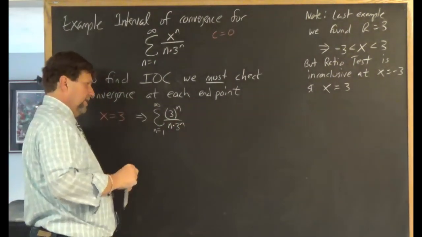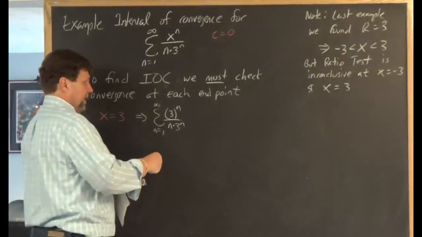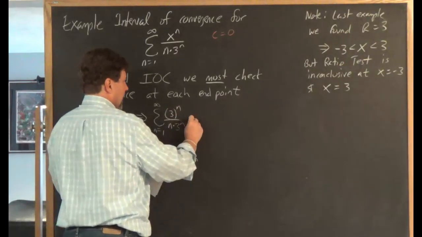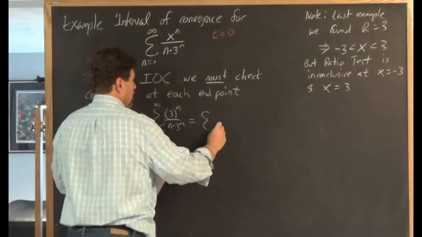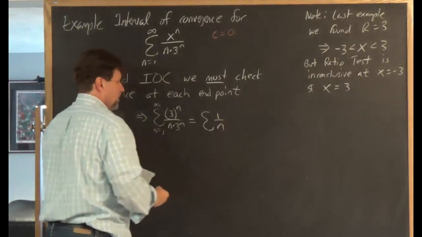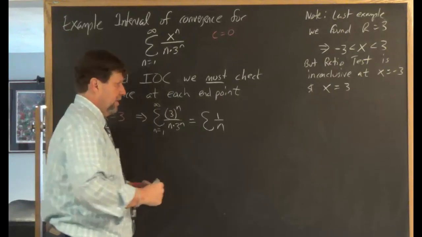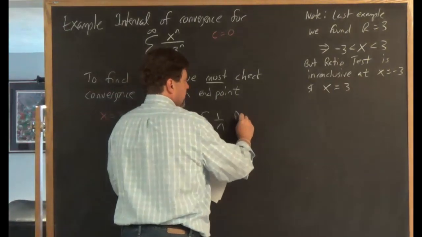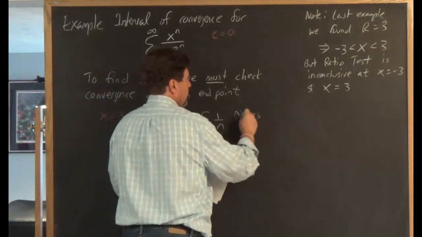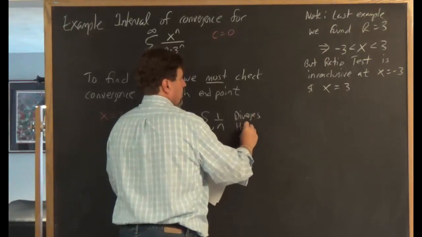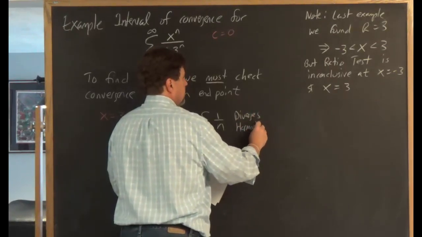Well, the 3 to the n's would cancel out, which gives you 1 over n. What do you know about that series, 1 over n? That's right. It diverges. Why? Because it's the harmonic series.